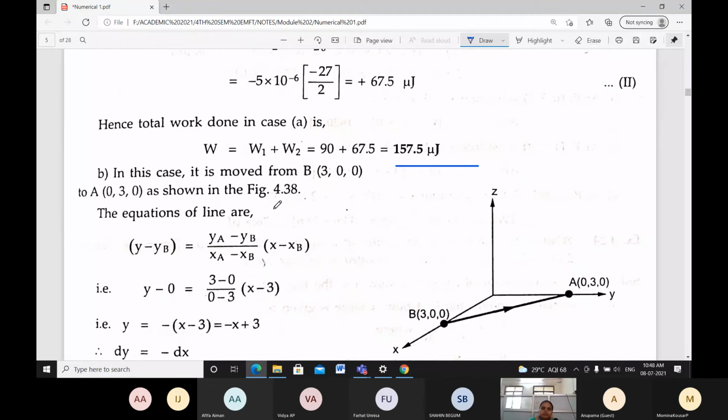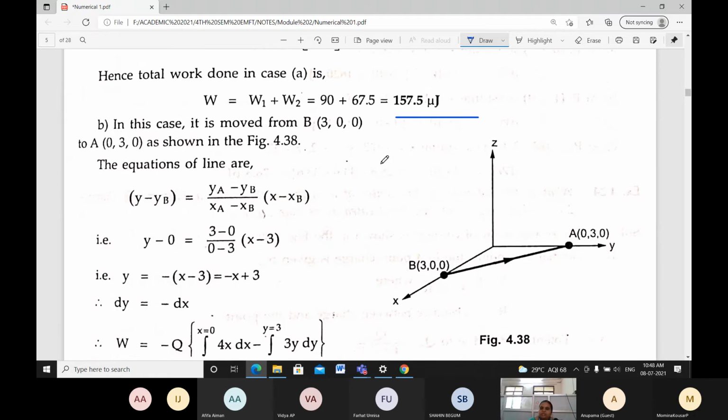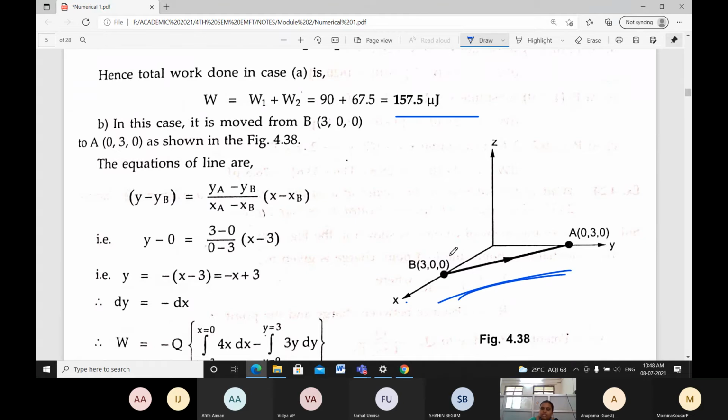In the same way we have to find for the second case, where B and A are in different locations. Observe here B is at 3, 0, 0 and A is at 0, 3, 0, as shown in the figure, this is how it is located, and it is moving from B to A. If I want the line integral of this, we can use the line equation. So you will get y minus yb equals ya minus yb divided by xa minus xb.